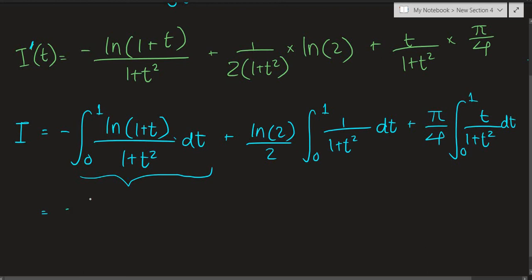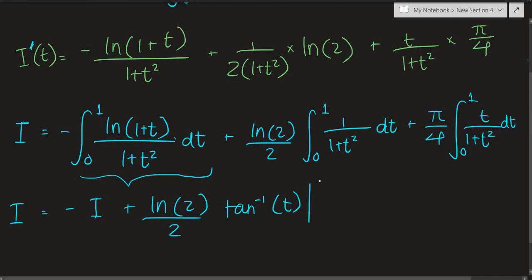As long as you have the same upper and lower bounds and the same integrand, but there's a change of variable, then the meaning of the integral is intact. So we have a negative sign, and this is nothing but I, because I was our Serret integral. And over here we have natural log of 2 divided by 2 times inverse tangent of t evaluated from t equals 1 to t equals 0.